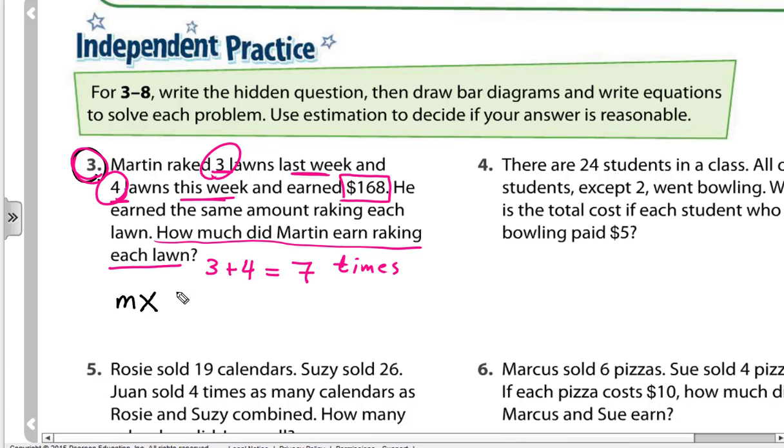He did it how many times? 7 times. And what's the total that he gets? 168. Now, how to find the M? 168 divided by 7.